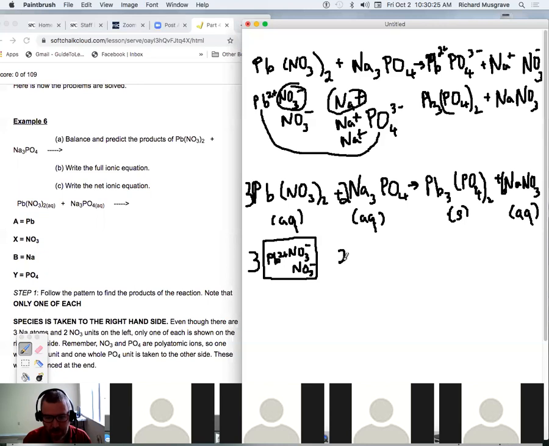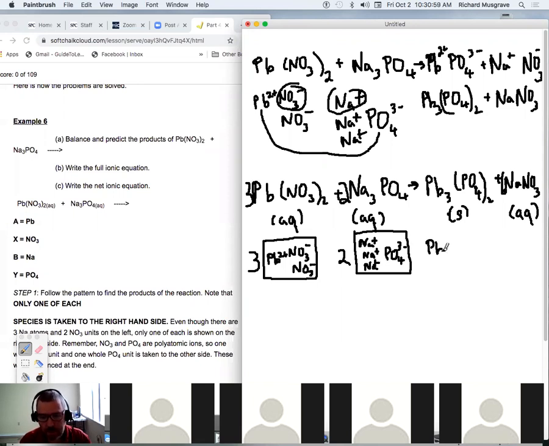And then we'll have another box that contains, well, 2 boxes actually. So I'm putting 2 out the front here, that contains Na, and PO4, Na plus. And you might be wondering, do you have to put the charges on? Well, it's a full ionic equation. So yes, you do have to put the charges on.